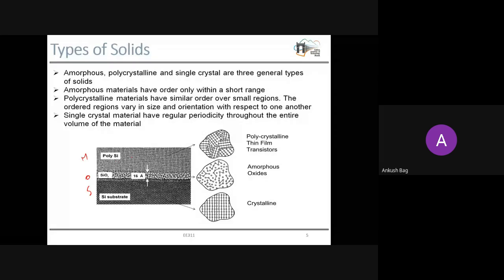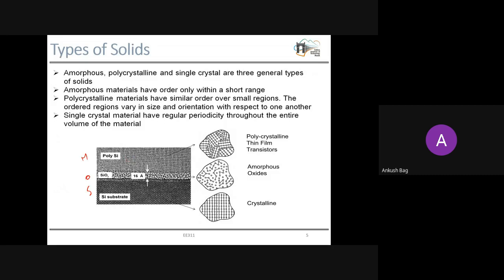If you look at the crystal structure of silicon here, it has different domains. These different domains have the same atomic arrangement, but overall you will not find a single arrangement. In a perfectly crystalline material, you will find regular periodicity of atoms throughout the entire volume of the material.